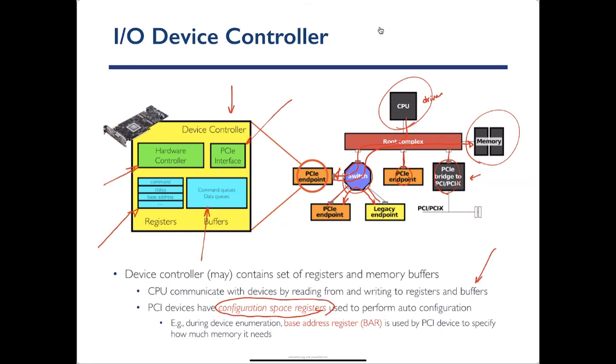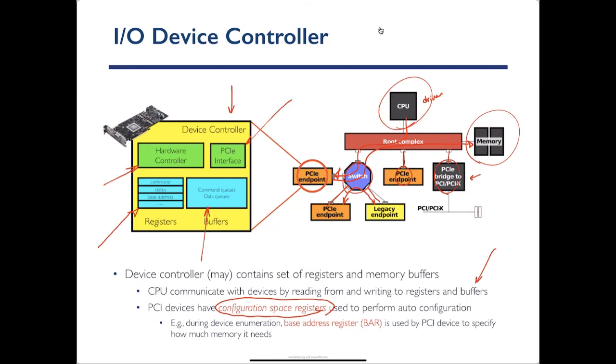Now, this is important for the device to know, right? Because later on, when you're running, for example, your driver, and your driver is sending commands to your device, basically your driver is using load and store instructions to load and store to certain addresses, and those addresses are the same addresses that these registers are mapped to.